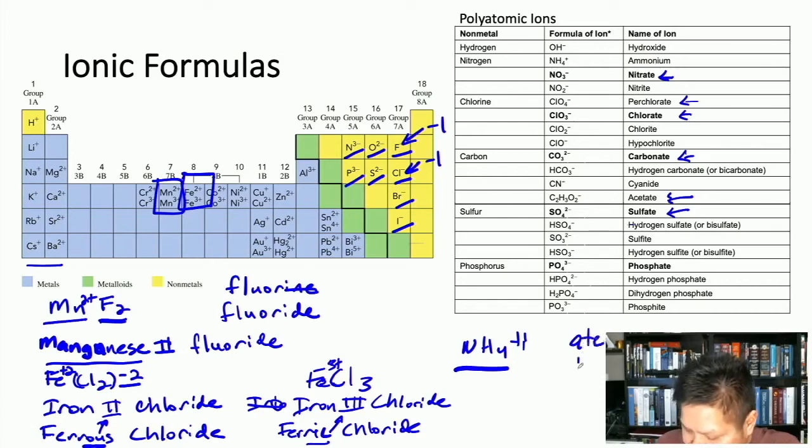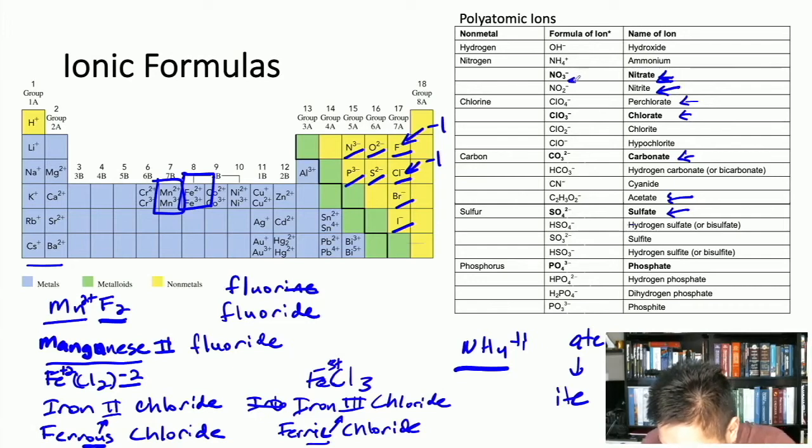A good example of that would be nitrate here becomes nitrite, because nitrate had 3 oxygens and the nitrite only has 2 oxygens, so it lost an oxygen, and that's why it becomes nitrite.